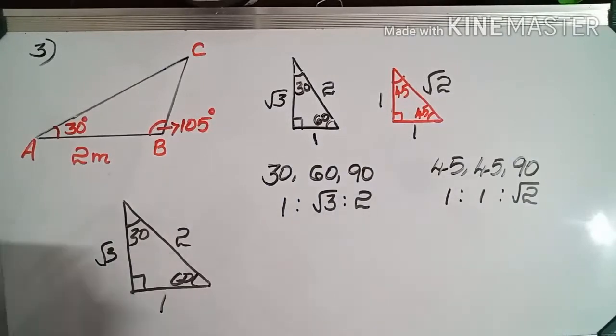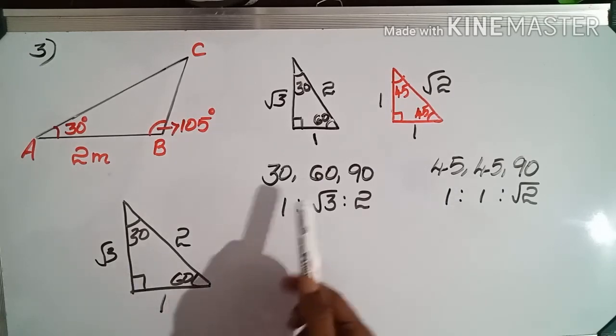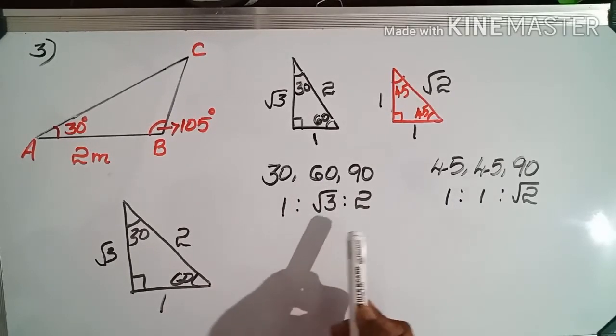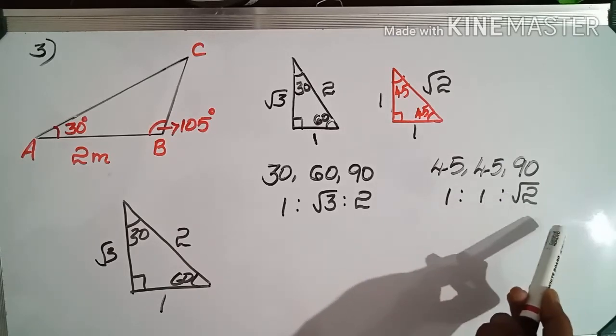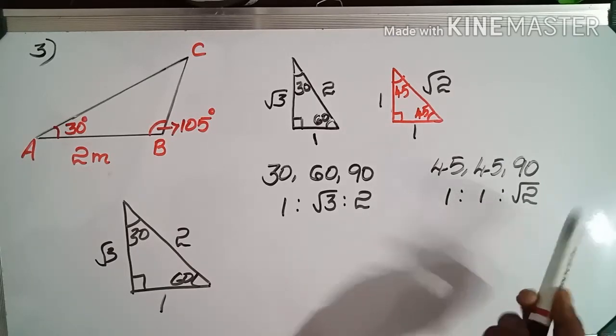So these two concepts you have to learn by heart. This is useful in 10th standard also, where you will solve lots of problems using this. So learn it thoroughly: 30, 60, 90 means 1 is to root 3 is to 2, and 45, 45, 90 means 1 is to 1 is to root 2.